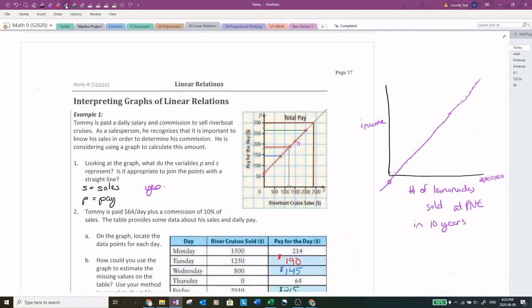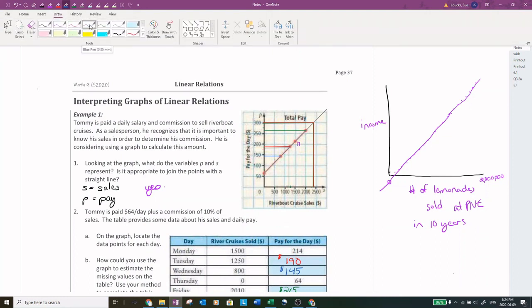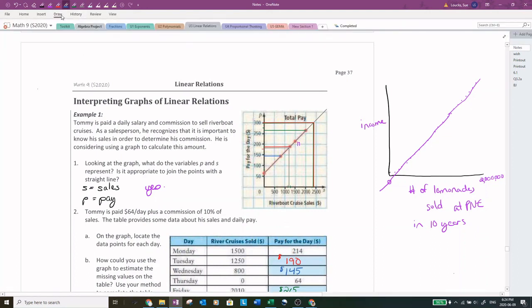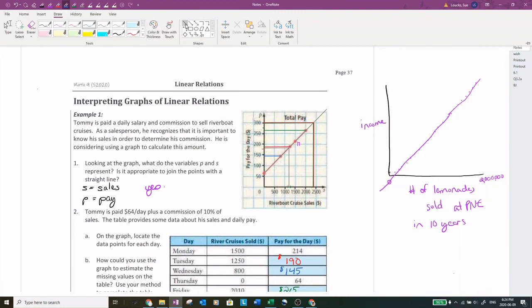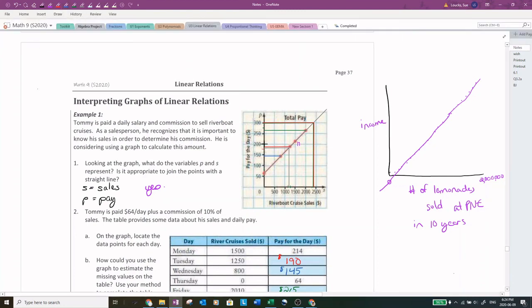Let's do this in blue. So 175 would be right between these two, being careful that I keep my line parallel.